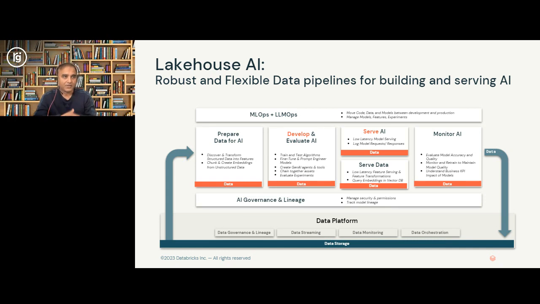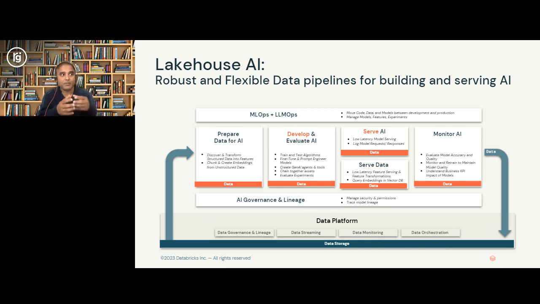Imagine you're building a retrieval augmented generation application. What are the ingredients needed to build that application? From that lens, you first have to prepare data for the AI. It requires probably pre-processing and parsing your data, sometimes doing the OCR, and then bringing that structured and unstructured data into a unified lake. Then you need to develop and evaluate the AI.